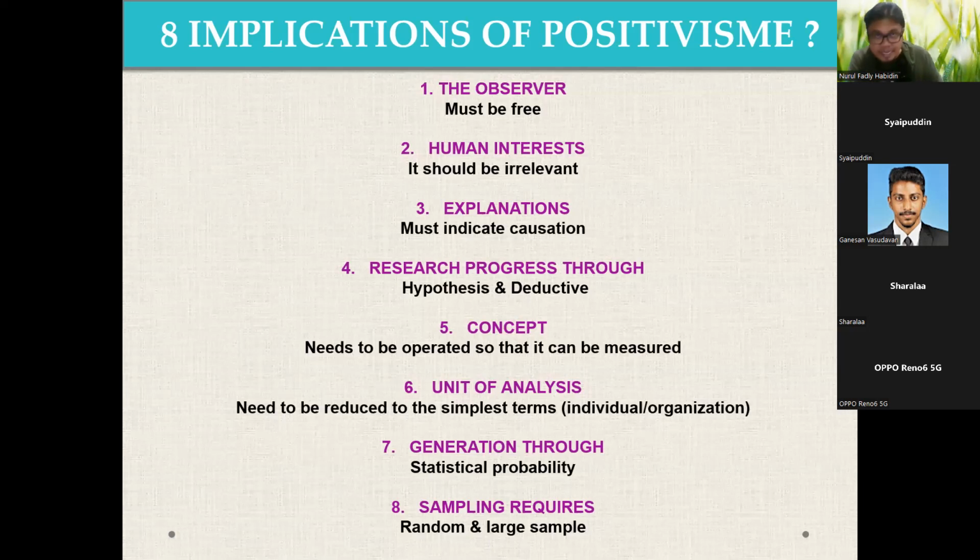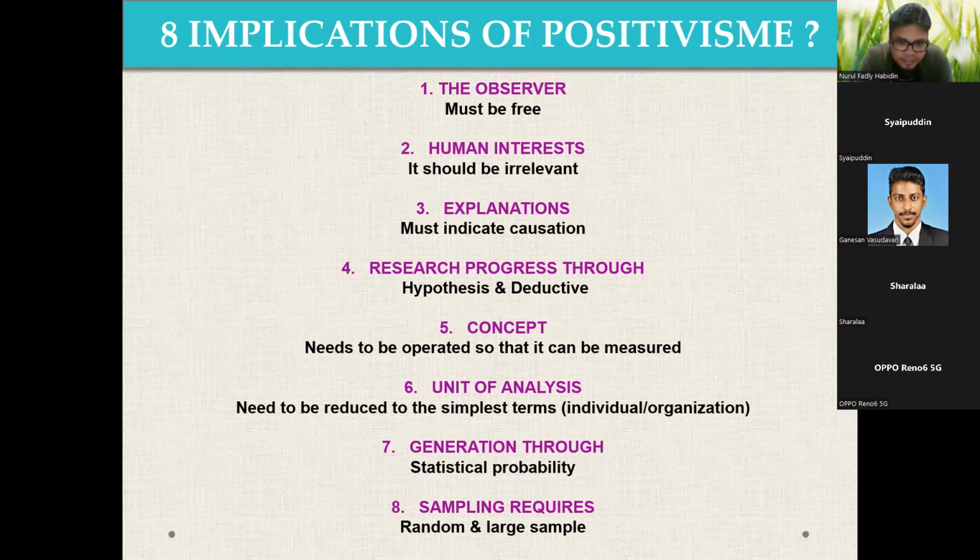Please take note: some panels will ask, can you explain your unit of analysis? The answer is only individual or organization. If you answer individual, it means you can distribute the questionnaire to all employees, for example. If your answer is organization, it is one questionnaire for one company only.